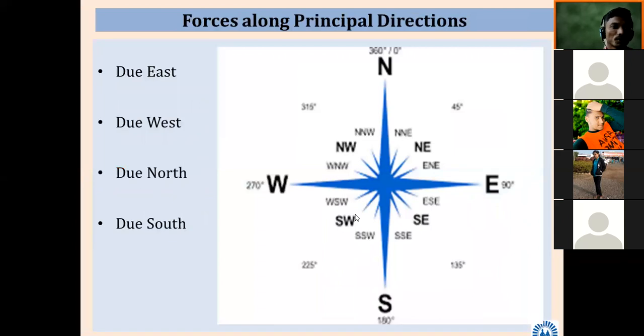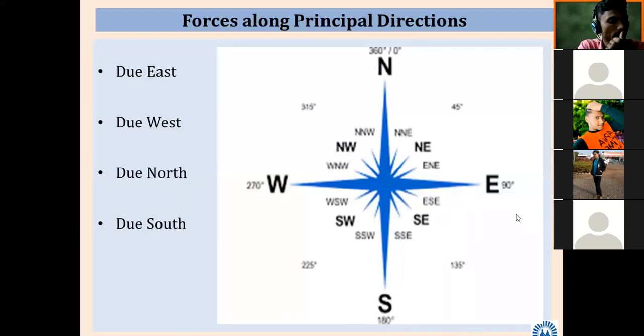Then forces along the principal directions. Actually there are three methods, which we covered last time. One is where a particular force is along each direction. First you have to know north, south, west and east.